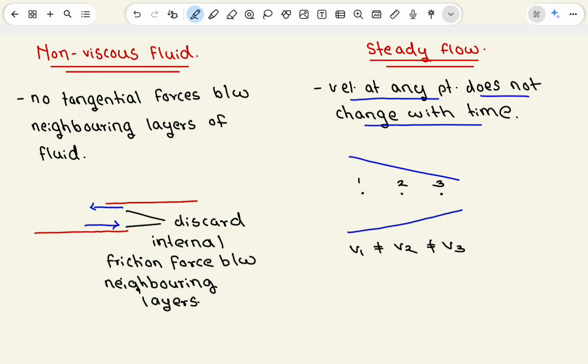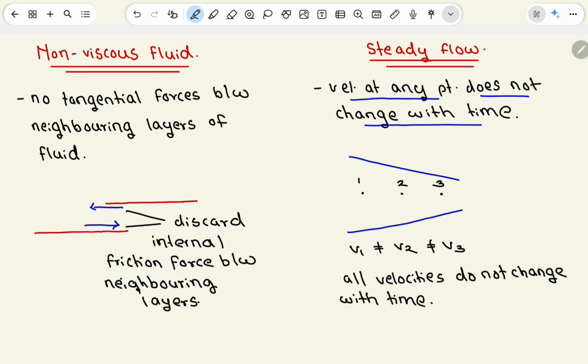But an important point for steady flow that we must remember is that even though the velocities at different points are different, all the velocities do not change with time.